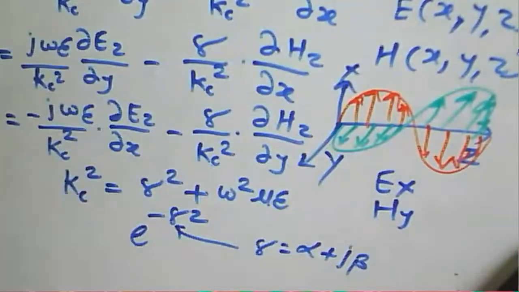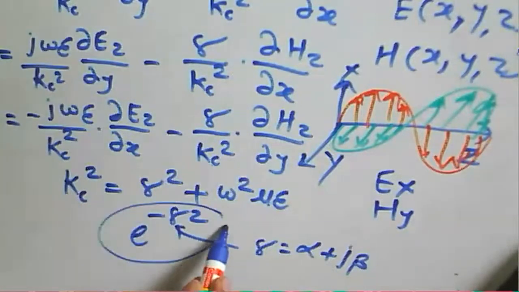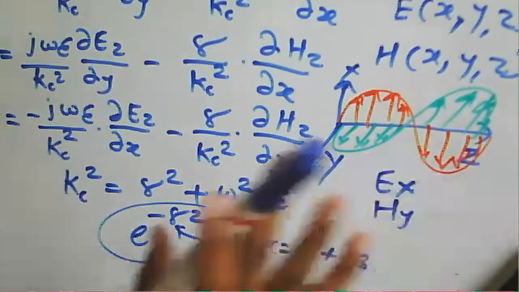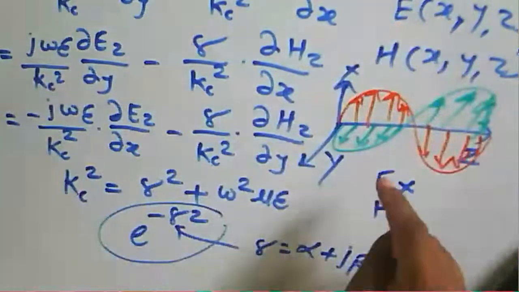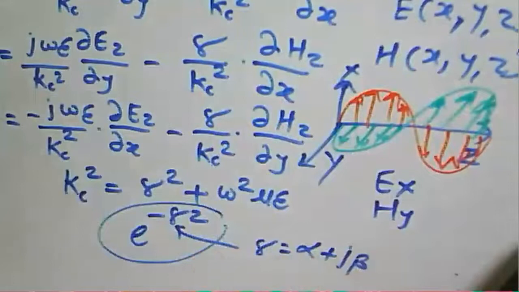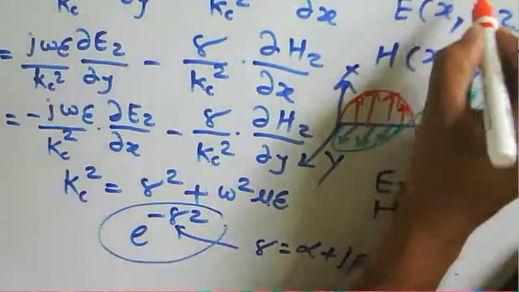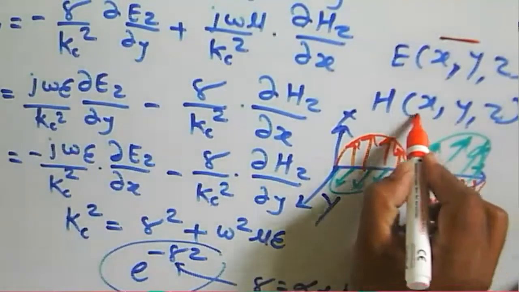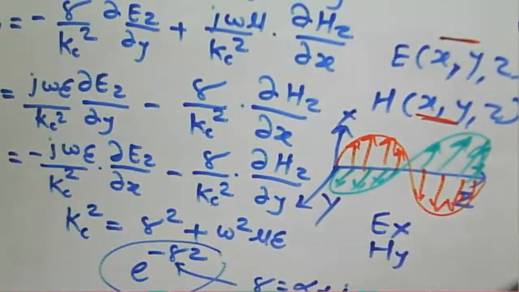But if you talk about the equation e raised to minus gamma z, here the wave is propagating in a z direction. Right now, from the waveform we see Ex and Hy components. But if the wave is propagating only in a z direction, then the electric field has either an X or Y component, and similarly the magnetic field has either an X or Y component.